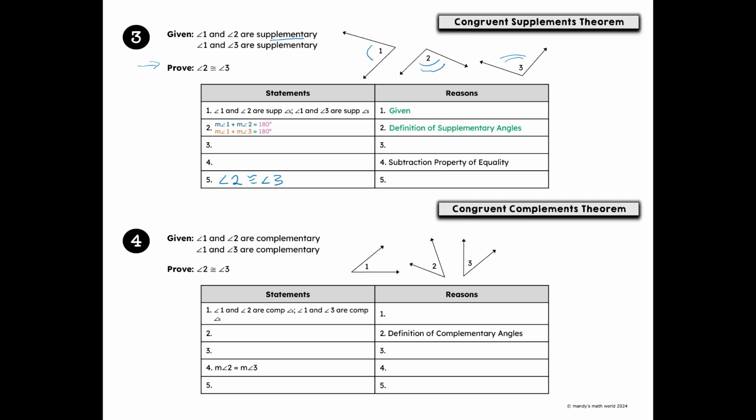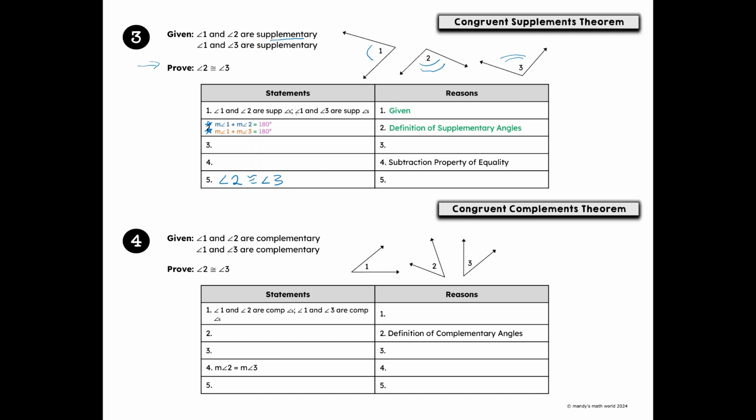Because we're given two sets of information, I can write one equation for angle 1 and angle 2, and another equation for angle 1 and angle 3. I can write that in the same step, and the reason is the definition of supplementary angles.